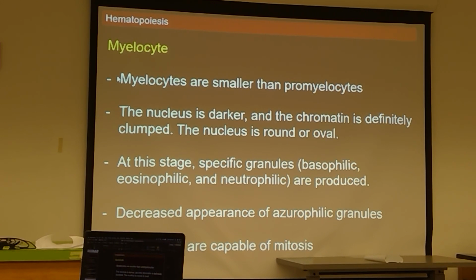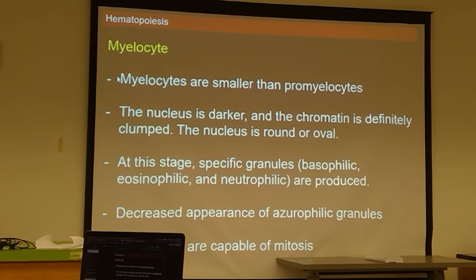But with this one, the nucleus is going to get a little bit smaller, the cell is going to get a little bit smaller, and as we develop these cells in general, the cell line is going to get smaller. The nucleus is still eccentrically located, but what we're going to start seeing with these myelocytes is the nucleus on one side becomes slightly flattened.